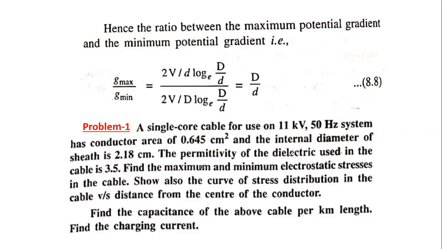The permittivity of the dielectric used in the cable is 3.5. Find the maximum and minimum electrostatic stress in the cable, the G maximum and G minimum values.